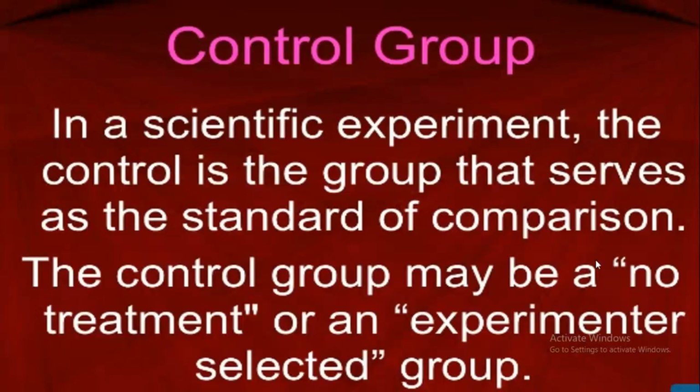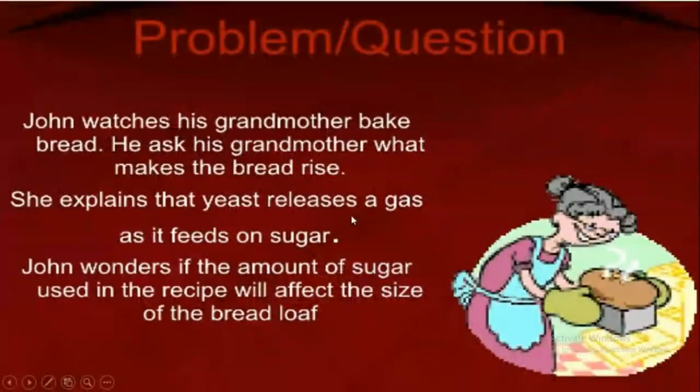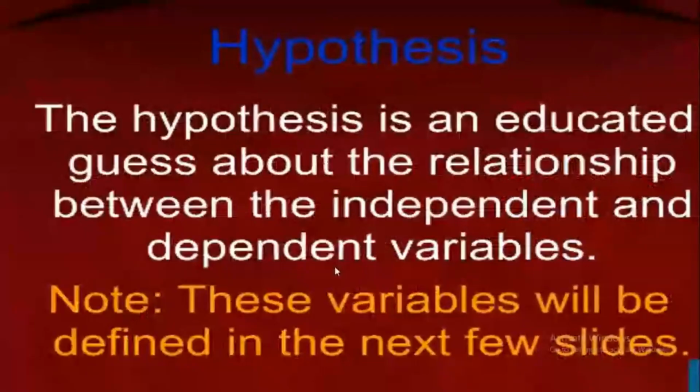So this is the ideal group with which we compare the other groups which are under the influence of an experiment, right? So if we see in this experiment, what is the control group here?